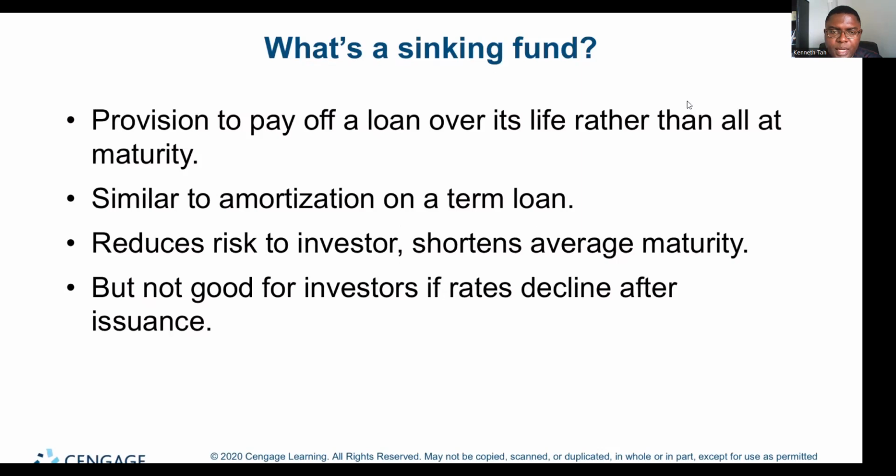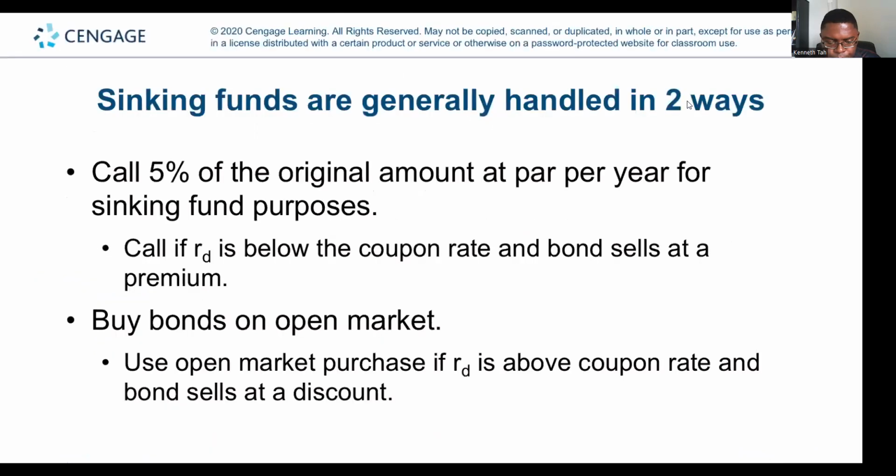So it is similar to amortization on a term loan. It reduces the risk to investors and shortens the average maturity. But it is not good for investors if rates decline after issuance. Okay.